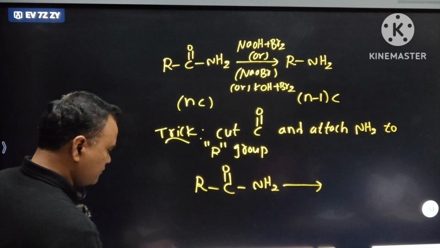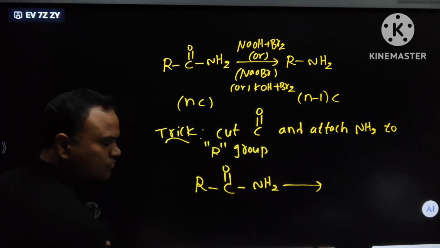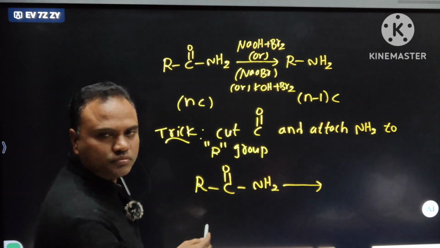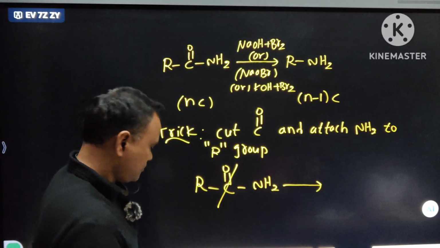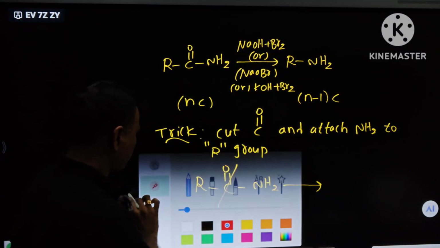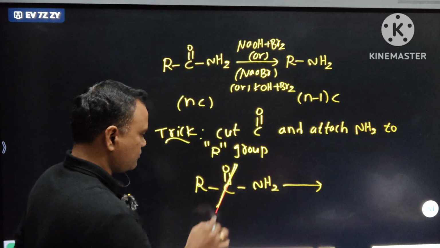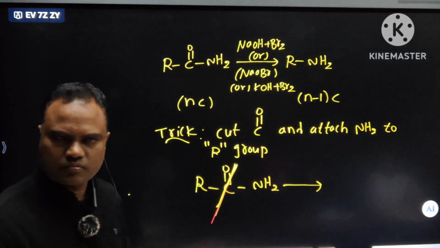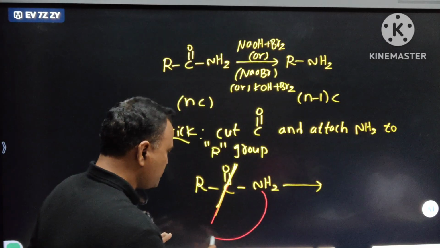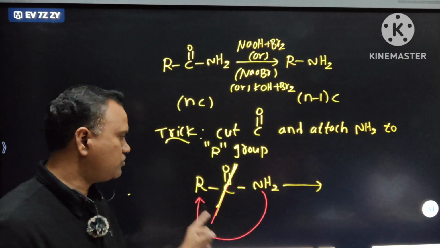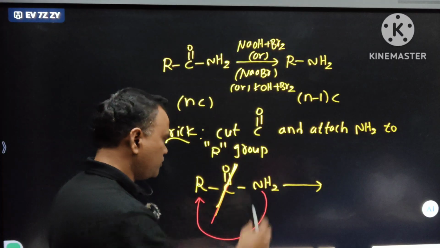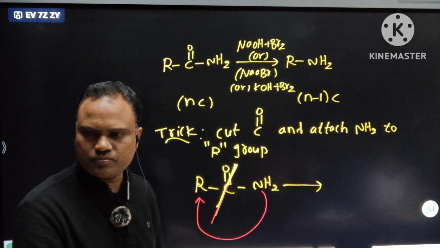Look at this, all of you. See, cut this, break that. Cut C double bond O, attach nitrogen or NH2 to R. Remove this and attach NH2.